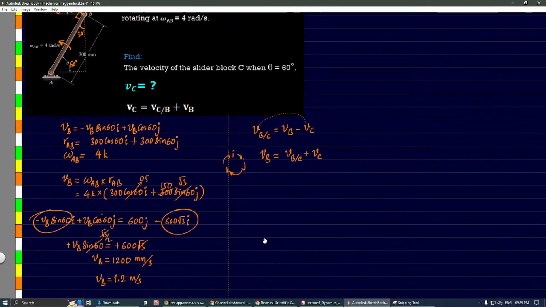So how to write velocity of B? It will be minus VB.